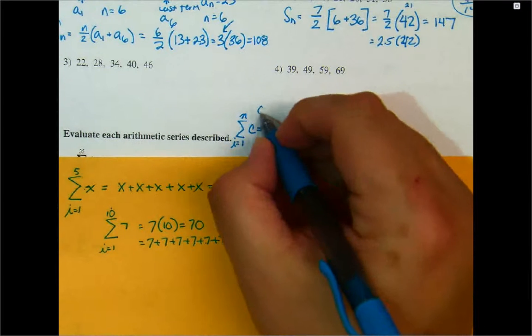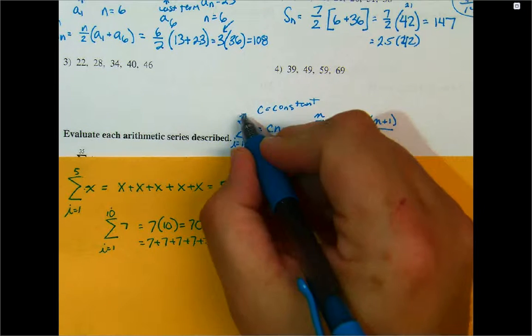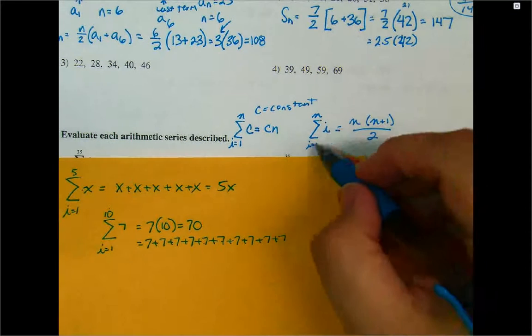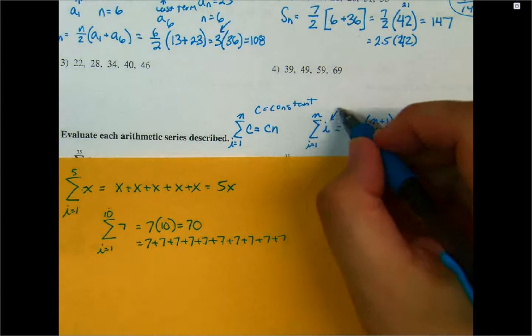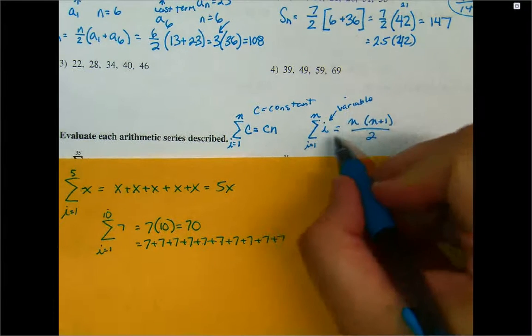Constant times the number of terms. Now, if this is a variable, where we would plug in the number, all we'd have to do is take the number of terms times the number of terms plus 1 divided by 2.